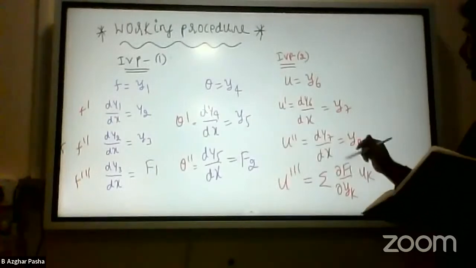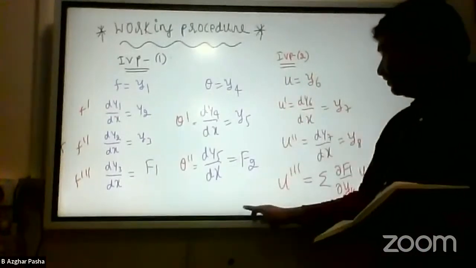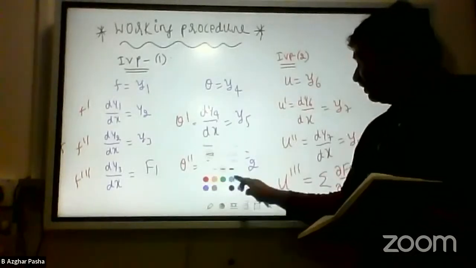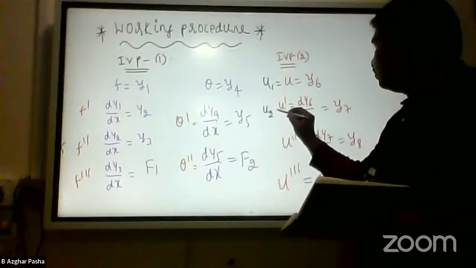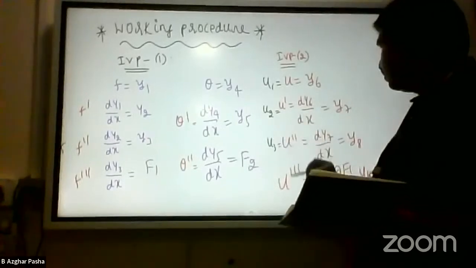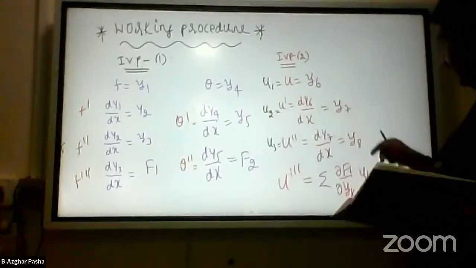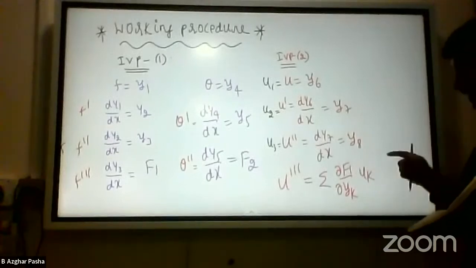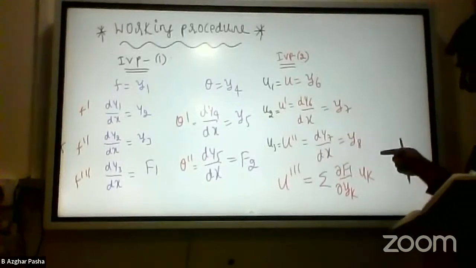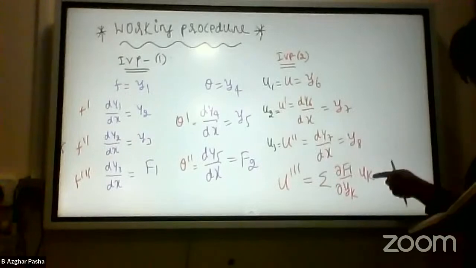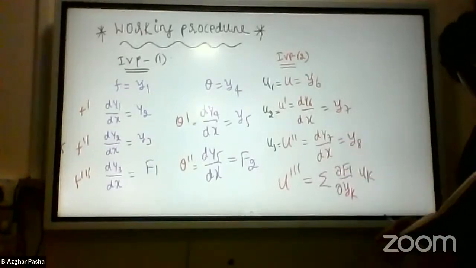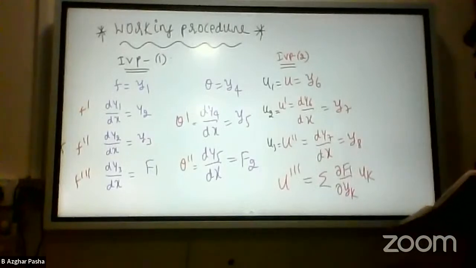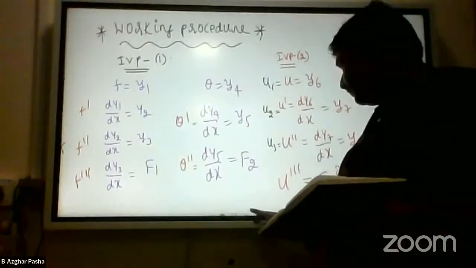These u terms should be in this order when you write it converted. This is u1, this is u2, this is u3, and so on. u2 is y7, replace u2 by y7 there. u3 is y8, wherever u3 comes, replace that by y8, and so on. So you have to express the u third derivative in terms of y only.